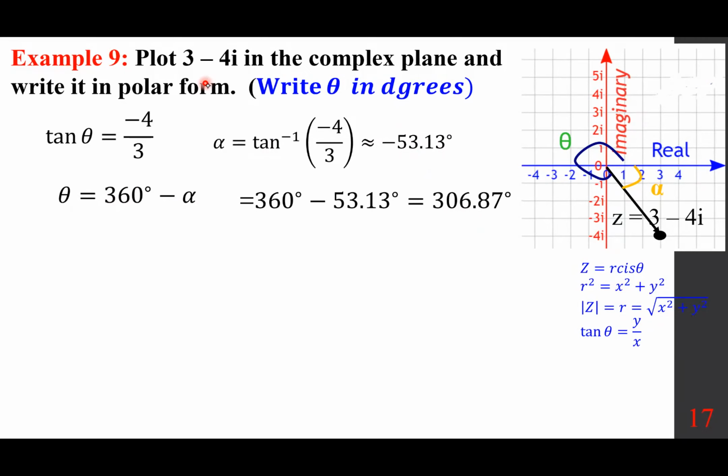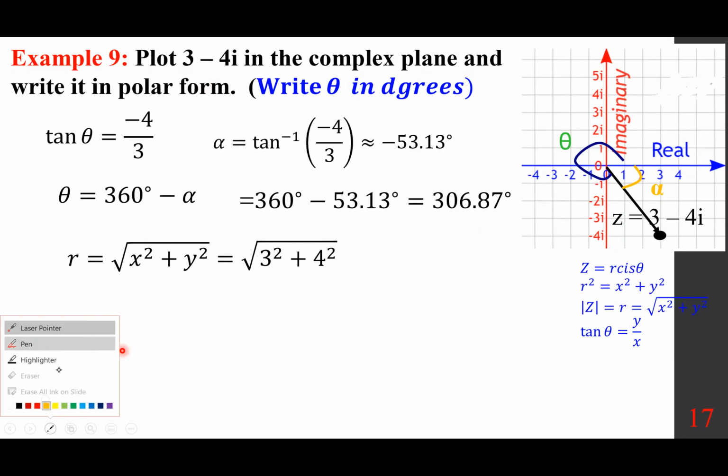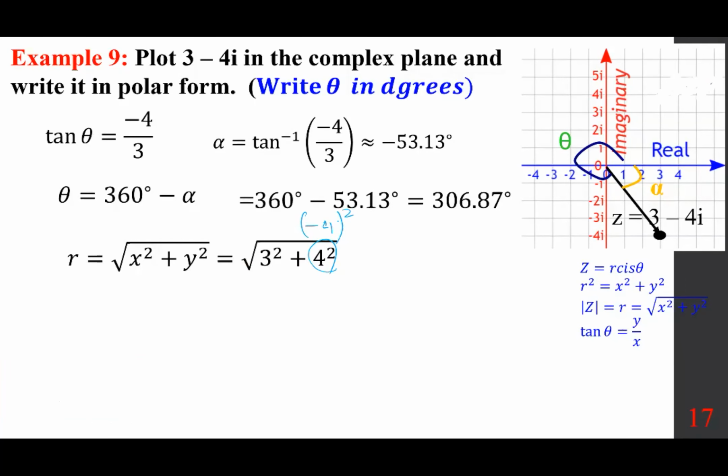squared plus negative 4 squared. Negative 4 squared will give you the same answer, which is 16.